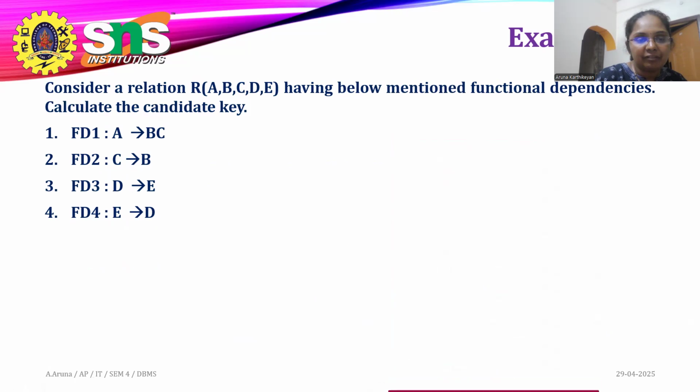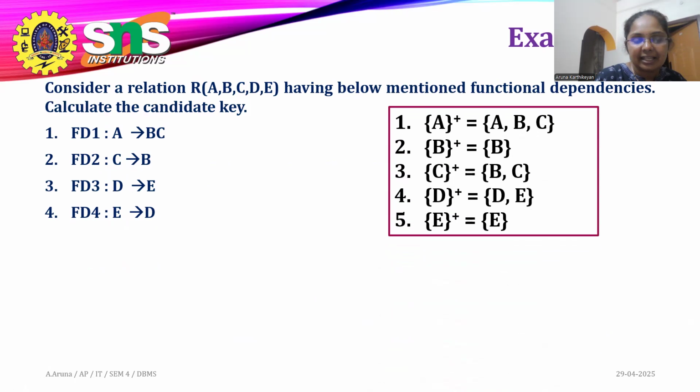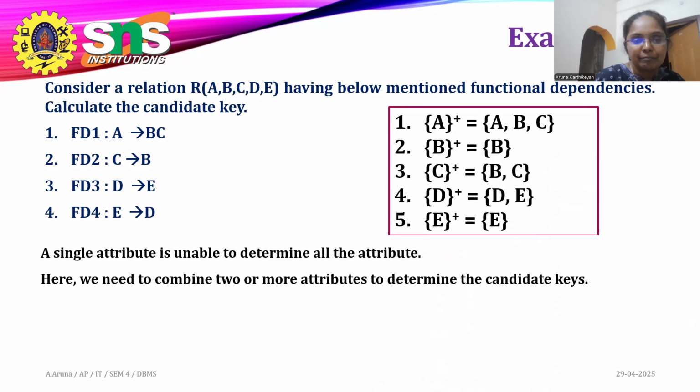Similarly, I am giving another example for calculating this. In this, I cannot identify a single attribute that determines all the attributes. So definitely, only by a combination of two or more attributes together can we identify the candidate key as well as the super key.